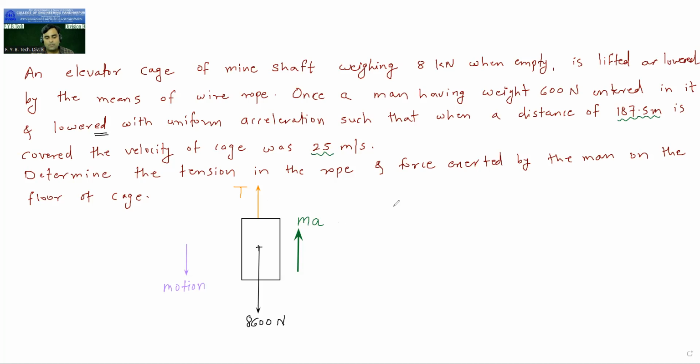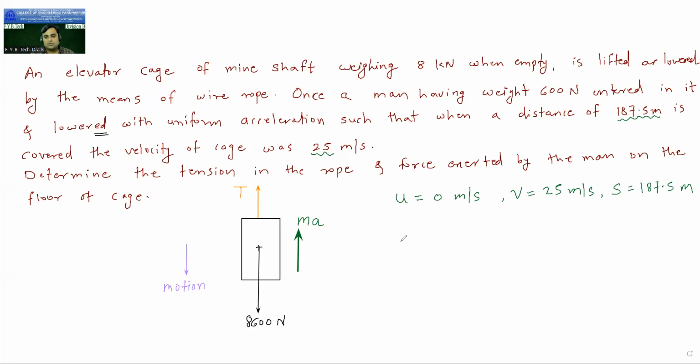Okay, so here I will write initial velocity is 0 meter per second. Okay, so v is 25 meter per second when your distance covered is 187.5.